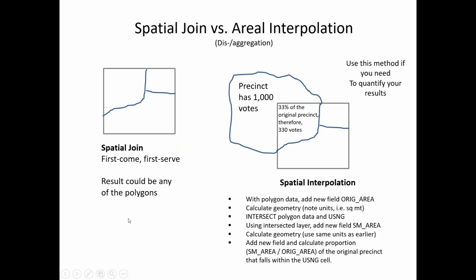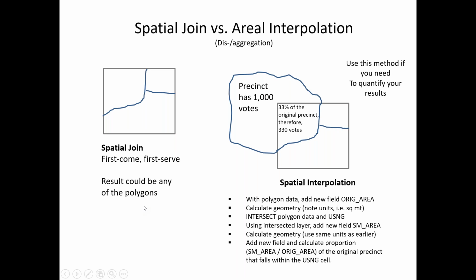Now, do we spatial join or do we interpolate? There are cases where you would use either one. You see in the example, you've got three polygons that are in one grid. So when you're assigning a value to the grid, which one of these polygons does it pick?